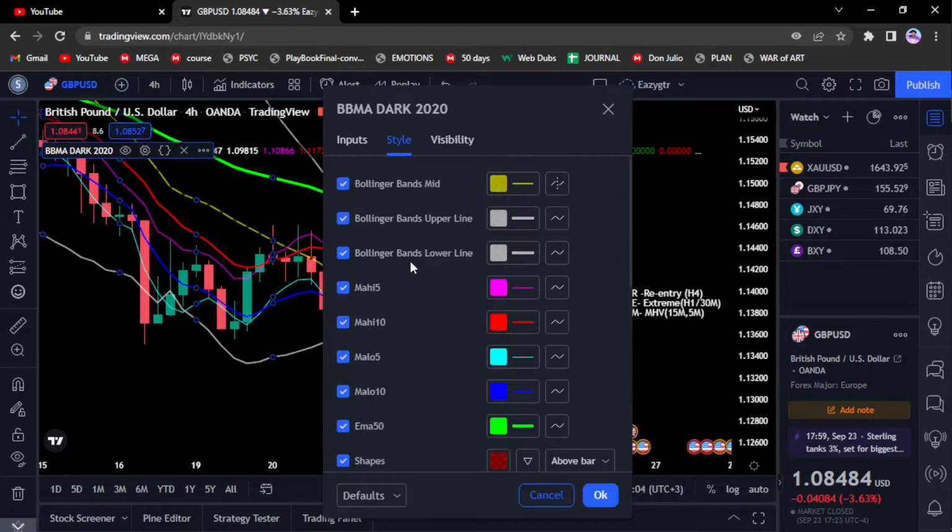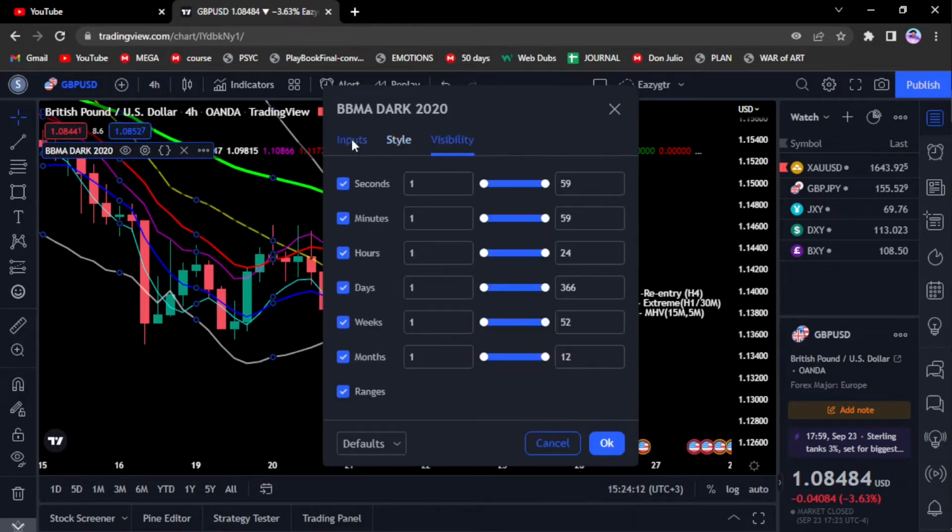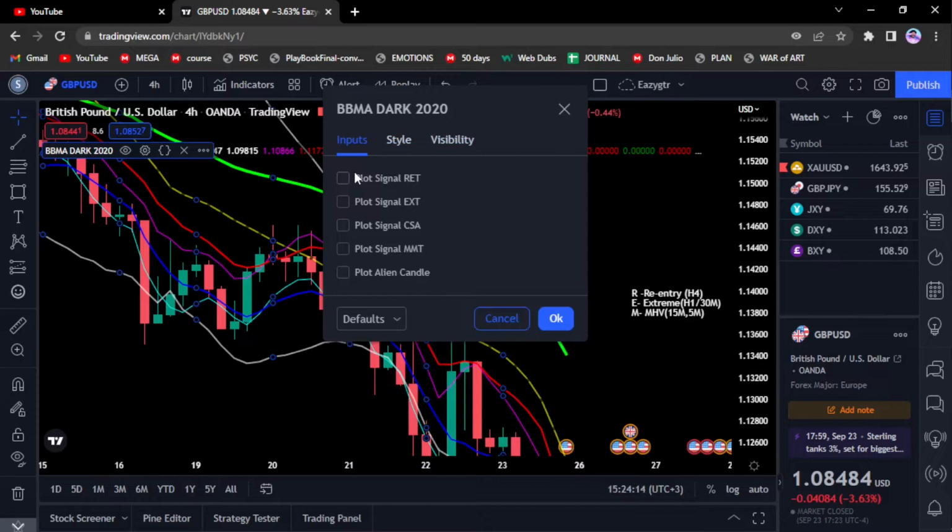Sometimes I don't need the mid Bollinger Band, but I'll just leave it there for a better understanding. These are my settings. I unchecked all of this to have a cleaner chart. This is basically for beginners, to help you understand how the market moves using BBMA, such that when it closes, it draws an arrow. But you can test that out for yourself.